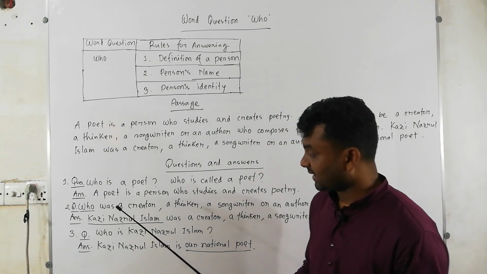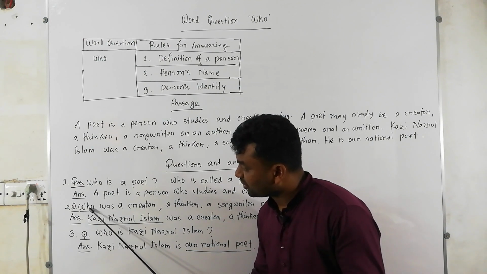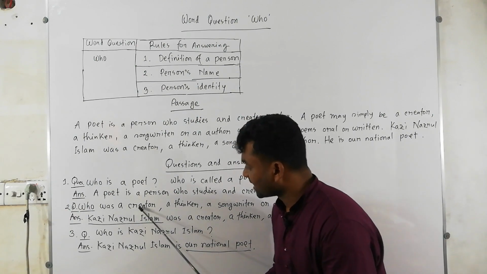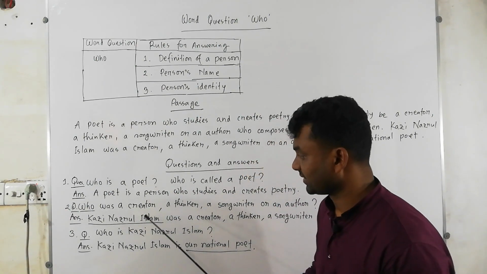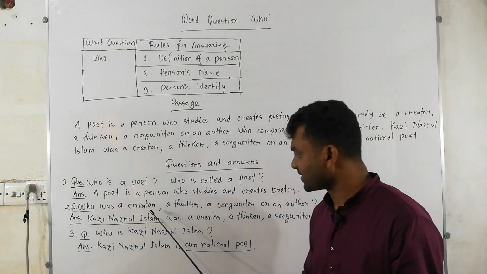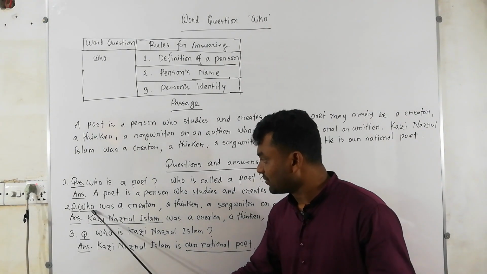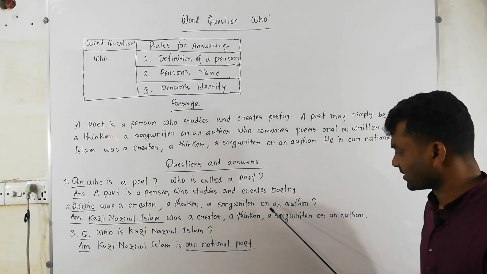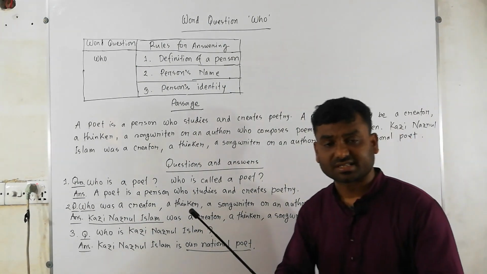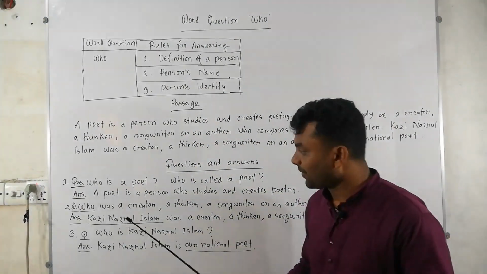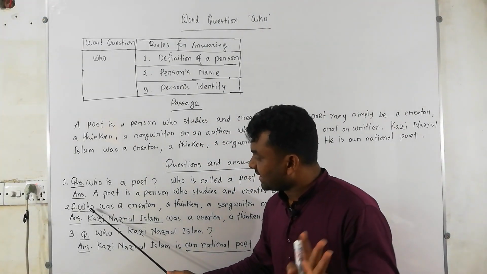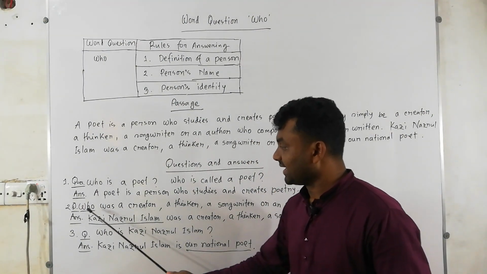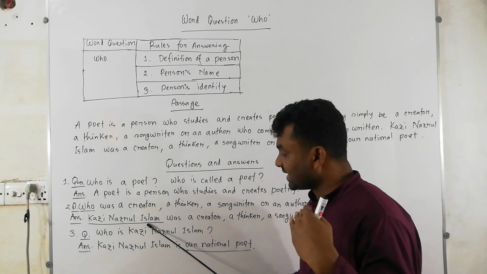Here the question word is who, but in this question the person's name is absent. There is no person's name here. So in these questions, instead of who, we have to use just the name.